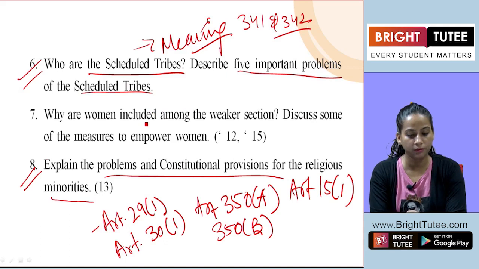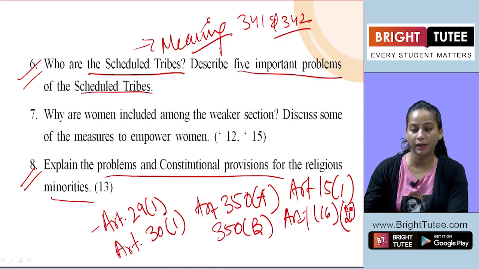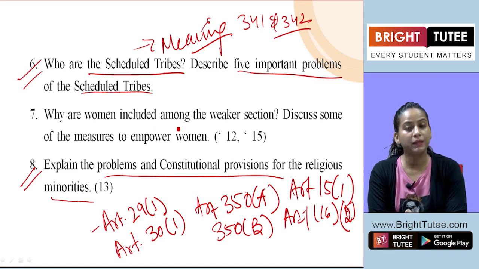Then Article 15.1, you can mention here that no discrimination should be there based on their religion, race, caste or place of birth. Then Article 16.1, and Article 16.2 can be taken here. There should be equality of opportunity in matters of public employment and no discrimination could be done on any ground.